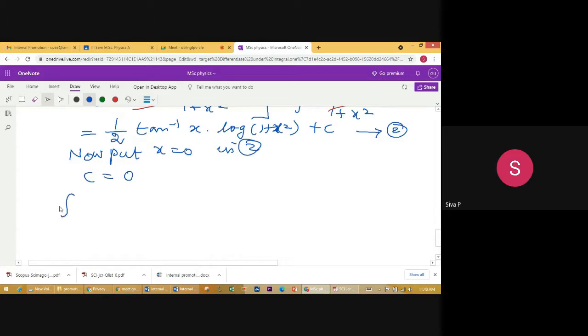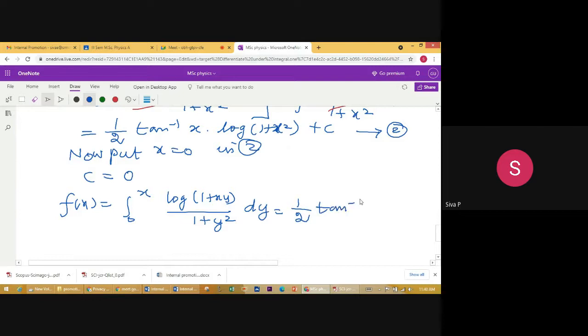Therefore, f of x equal to integral over 0 to x of log 1 plus x y divided by 1 plus y square dy equal to 1 by 2 tan inverse of x log 1 plus x square. This is equation number 3.